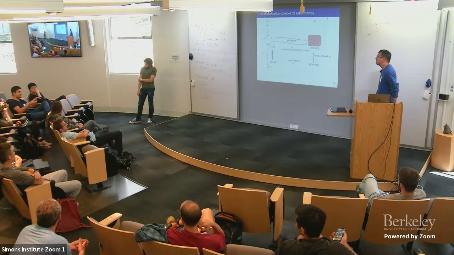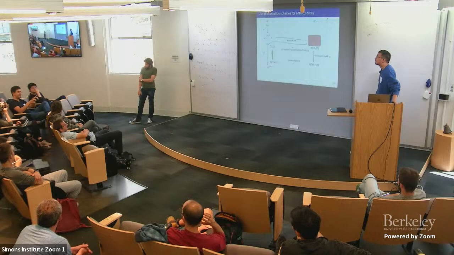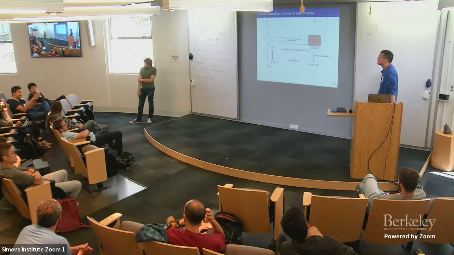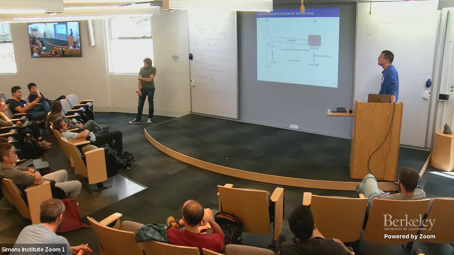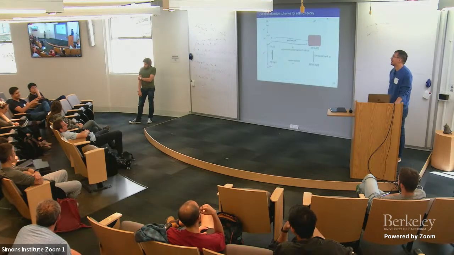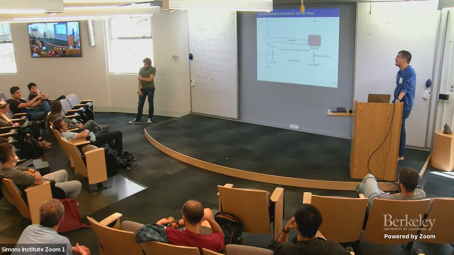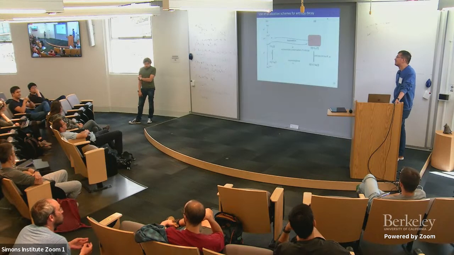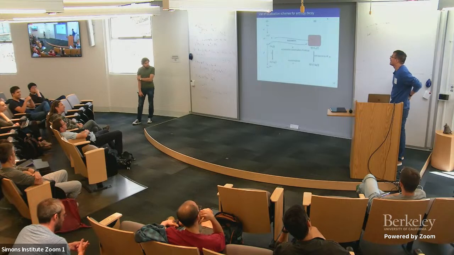But those results don't require direct control on the covariance of the intermediate things. So can you comment a little bit on why you think this is needed? You somehow reduce the problem to bounding the covariances, but those results somehow don't need it.